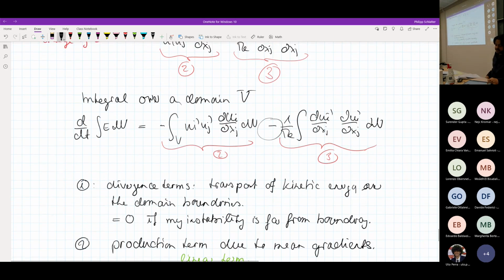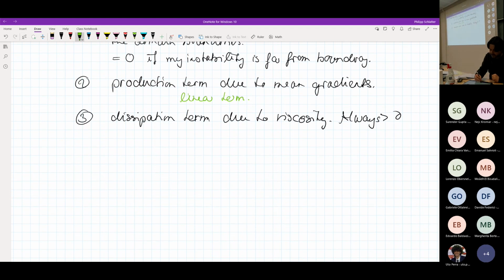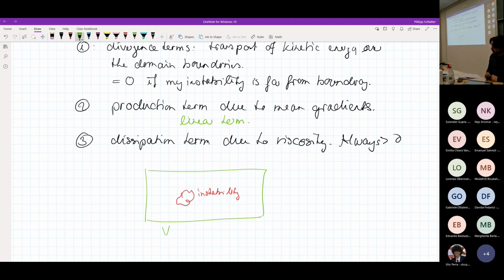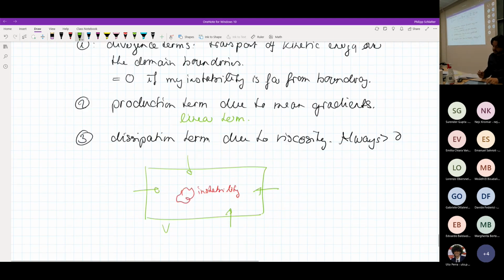So, I think this is actually quite an interesting result because it means that, I'm now trying to make a sketch. So if I have my instability here, and I have my domain V, over which I integrate, somewhere like this, it essentially tells me that the energy contained in this volume is only determined by the fluxes over this boundary, which I assume to be 0 if I'm far away, as in this sketch.